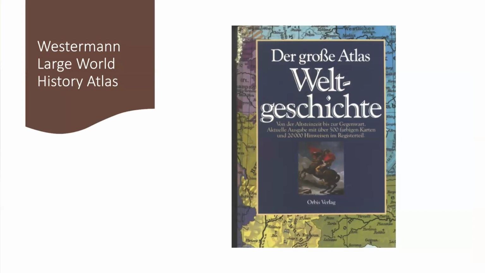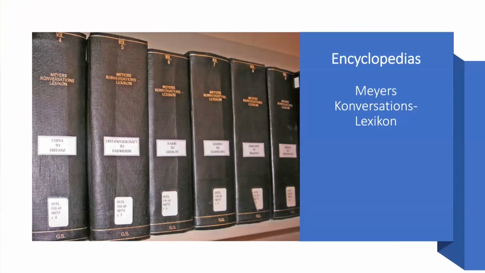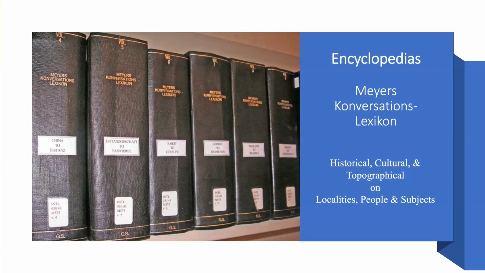The Meyers Konversationslexikon is a 16-volume encyclopedia published in the 1880s. It provides historical, cultural, and topographical information on localities, people, and subjects. With the technology today, it is easy to translate documents, even those in the old German Fraktur, so that resources like this encyclopedia can be easy to use.